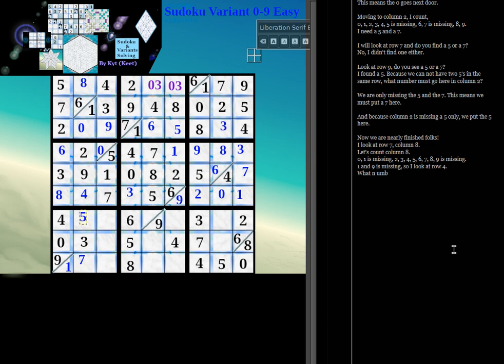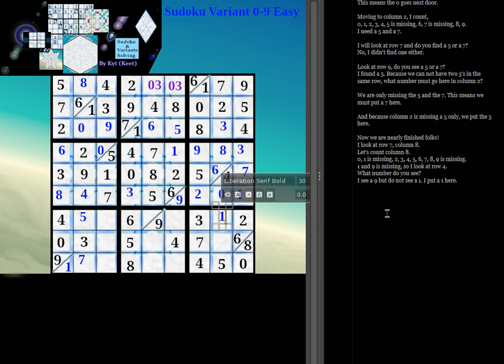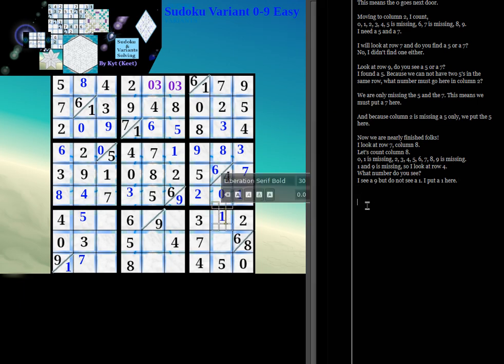What number do you see? Yeah, I see a 9, but do not see a 1. So I put a 1 here. And put the 9 underneath, as that is the only other empty box.